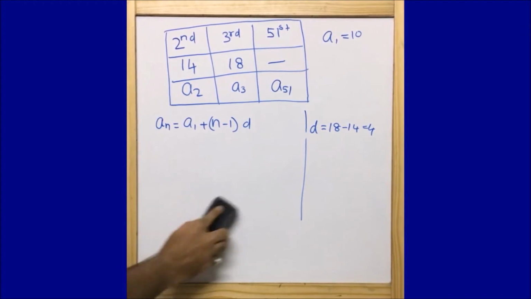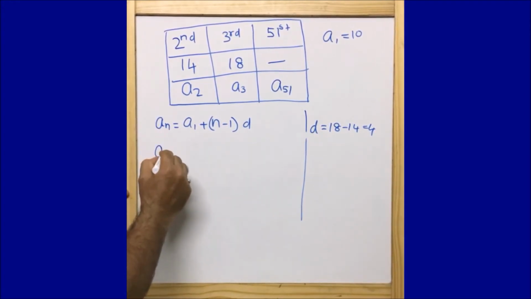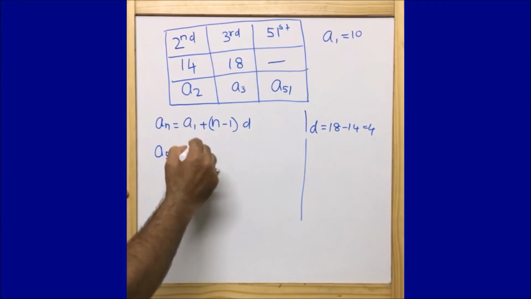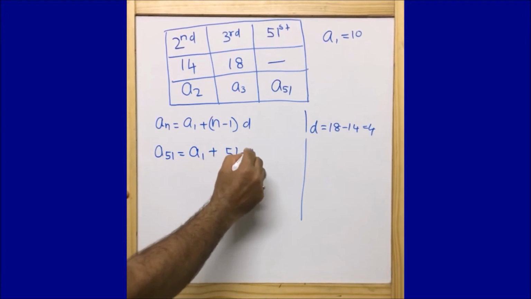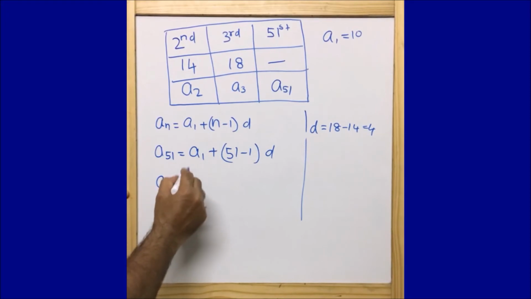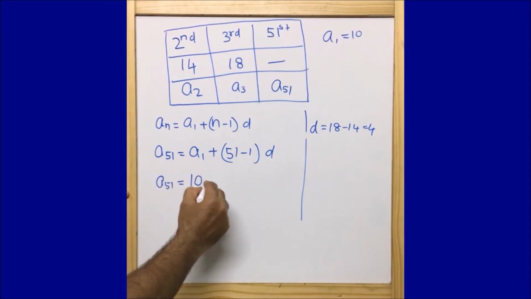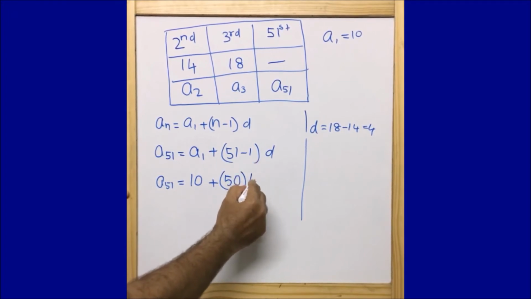Keeping this formula here, I can write a51 is equal to a1 plus 51 minus 1 into d, or a51 is equal to a1, which is 10, plus 50 into d, whose value is 4.